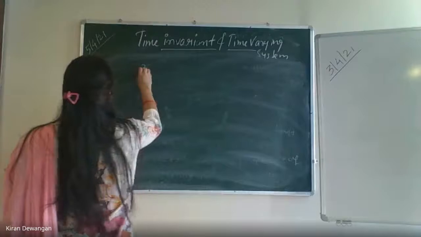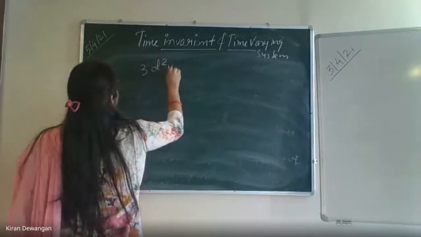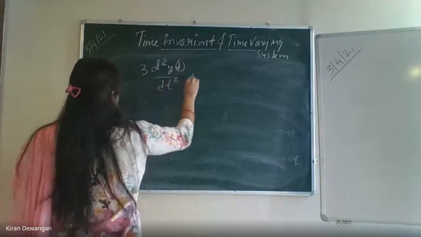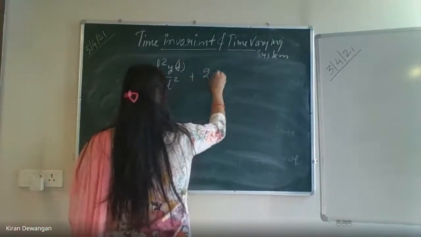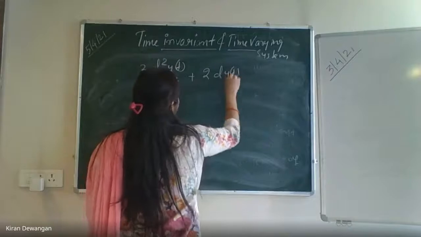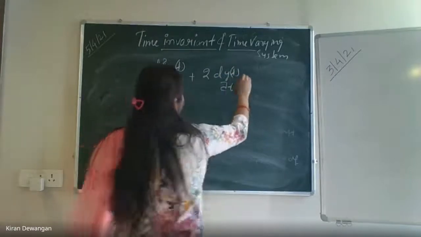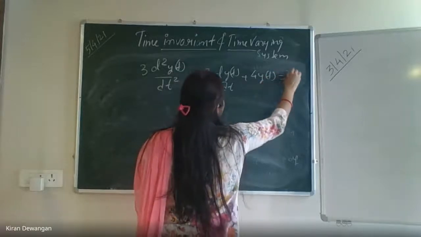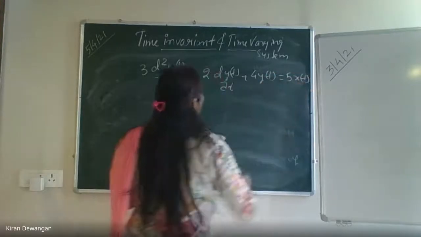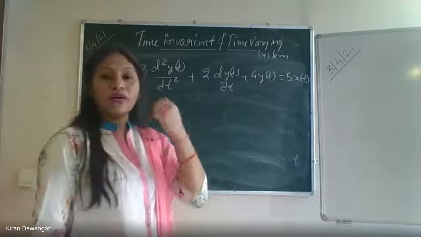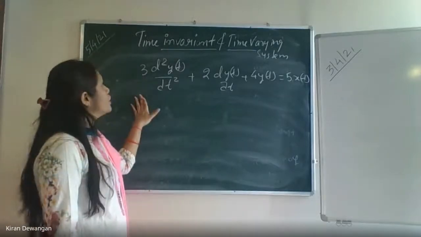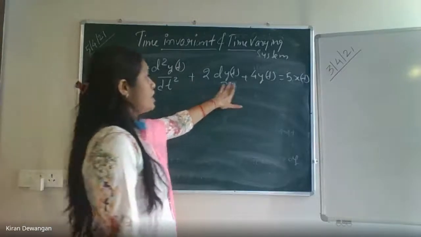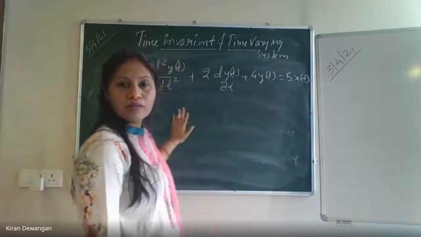I'll just give you one simple example that you can check whether the system is time invariant or time varying. Okay, if I write 3 d square y(t) by dt square plus 2 dy(t) by dt plus 4 y(t) is equal to 5 x(t).